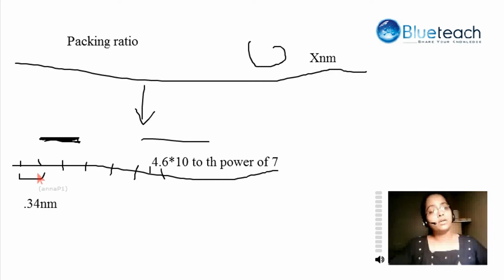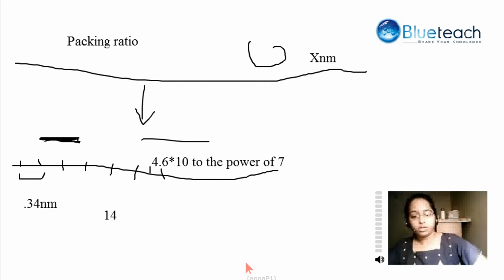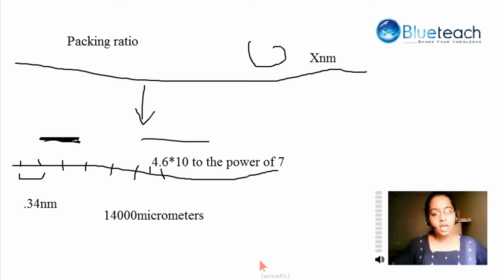To obtain the length of the complete DNA, we multiply 0.34 nanometers with the number of base pairs, 4.6 into 10 to the power 7. So the length of the DNA comes to around 14,000 micrometers.